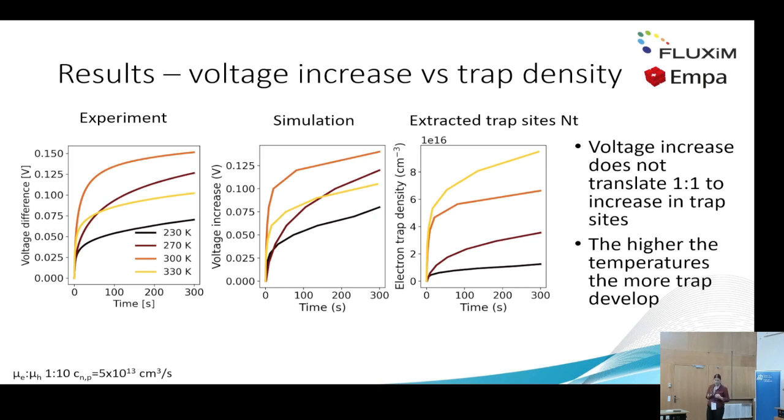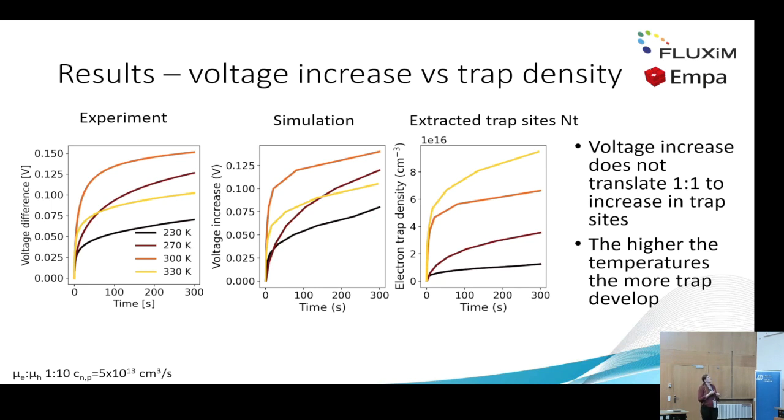And one thing that is notable is up to the temperature of 300 Kelvin, we have an increase in voltage. So the higher the temperature is, the higher the voltage increases. This is only true up to 300 Kelvin. So if we go above this, what we have is a slower increase in voltage. This is something for later.